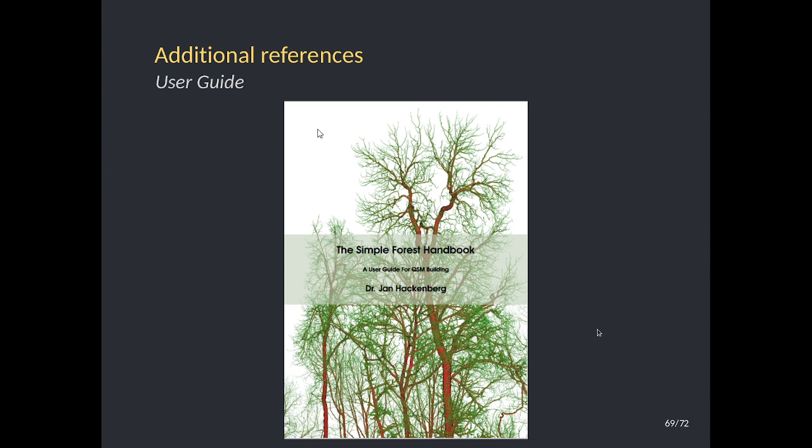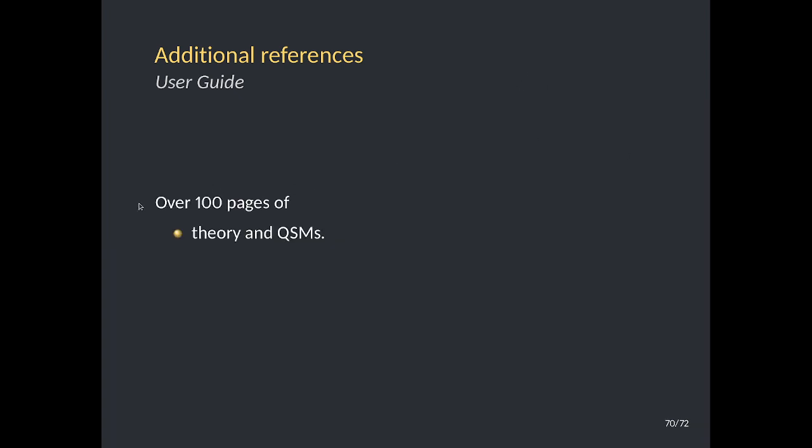It's a user guide. This is the front page. The user guide has over 100 pages, and it's about theory, and theory about QSMs, such as we have seen in an earlier section of these slides.